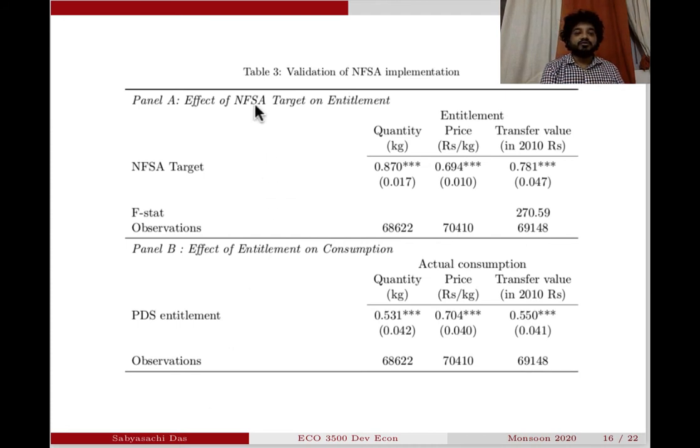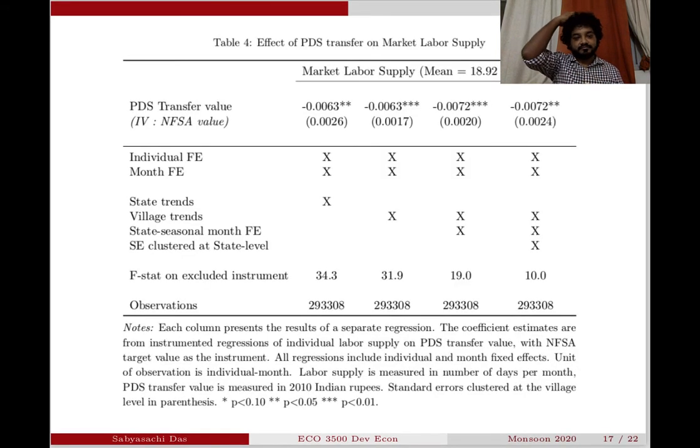So now you want to use PDS entitlement, and use the NFSA target transfer as an instrument for this transfer value, to look at labor market supply. So what is the outcome variable? The outcome variable is the number of days that you have worked as an agricultural laborer in a given month, right? So it's monthly data.